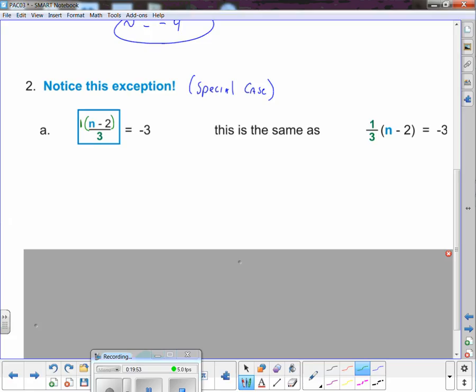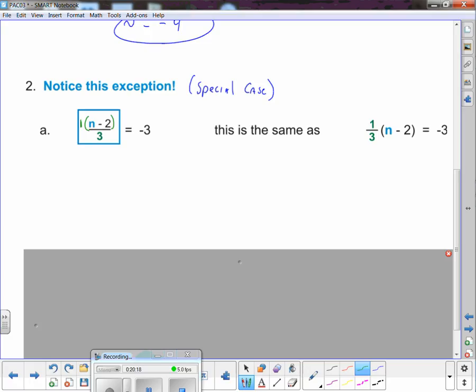So that you can write in your notes. Put a parentheses around that n minus 2 and put a 1 in front. I'm really going to move the 1/3 first. This is an exception. It doesn't happen often. About 1% of the time, about 1 out of every 100 problems, this exception comes up.